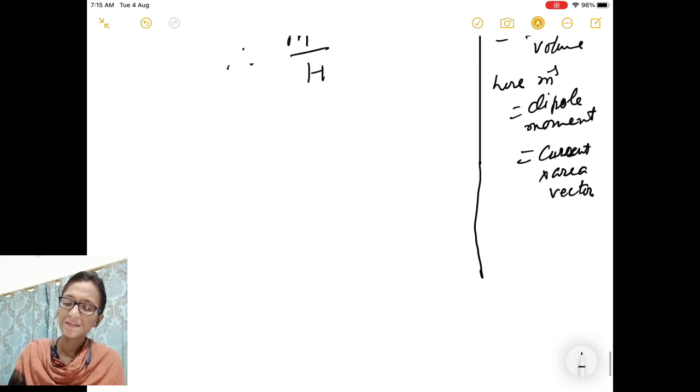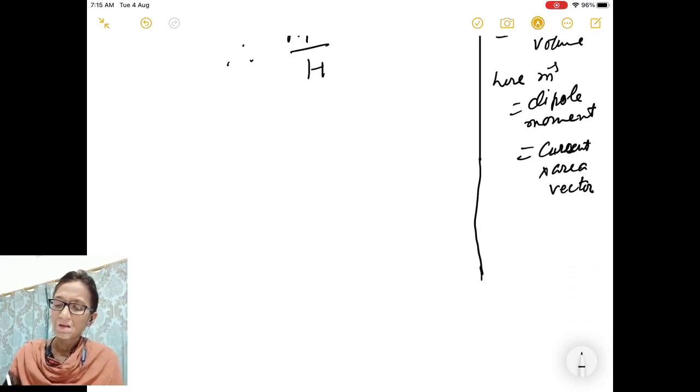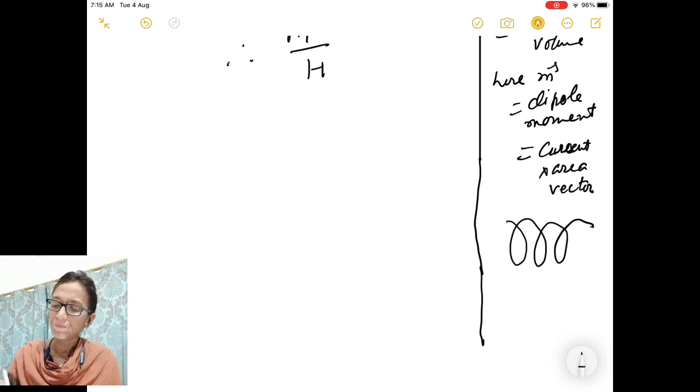And magnetic intensity? Take magnetic intensity of any magnetic material, like of a solenoid itself.